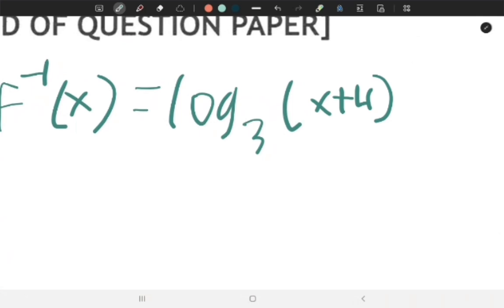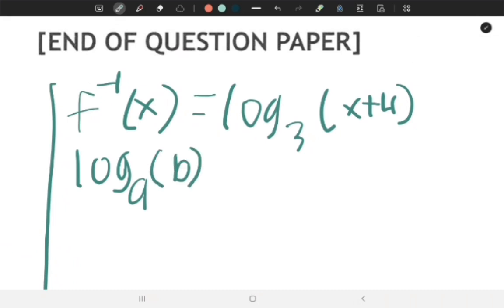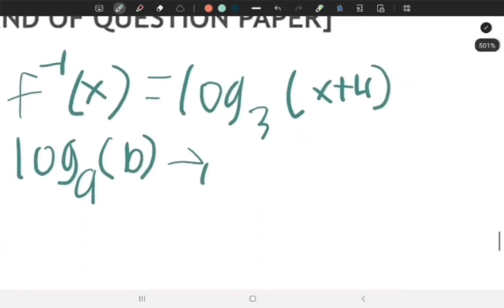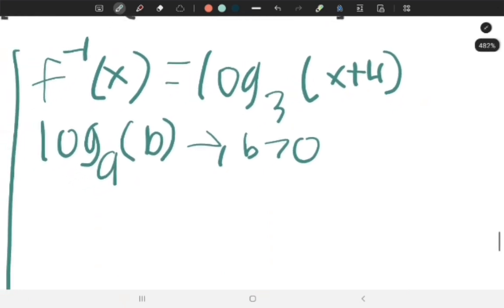And now we need to remember the rules in logarithm. The logarithm of a of b is only true when b is more than 0, because the logarithm of 0 cannot exist.